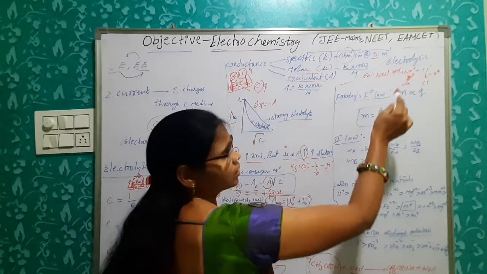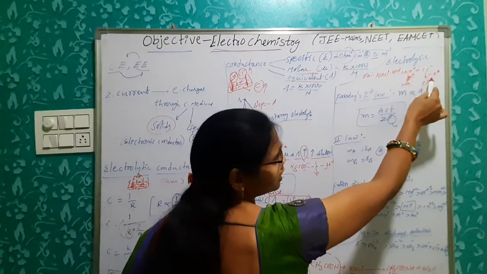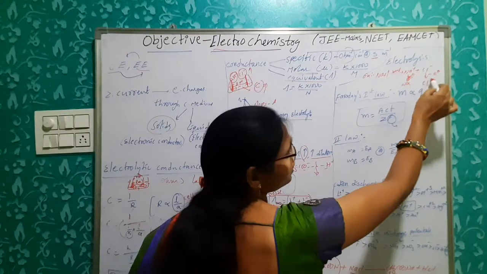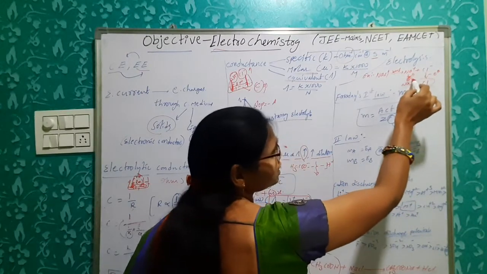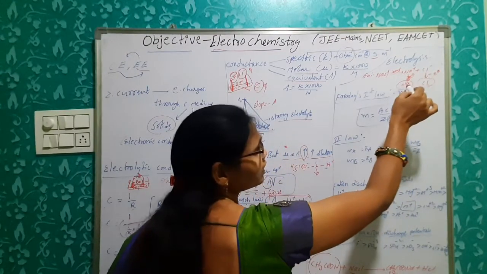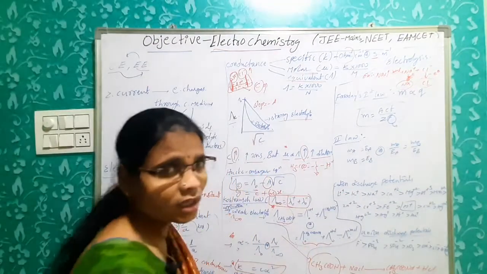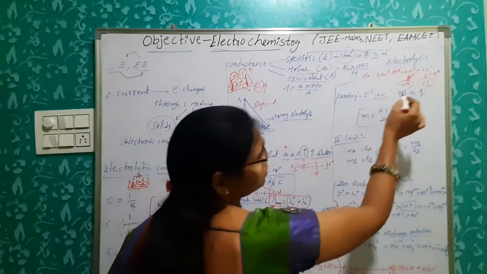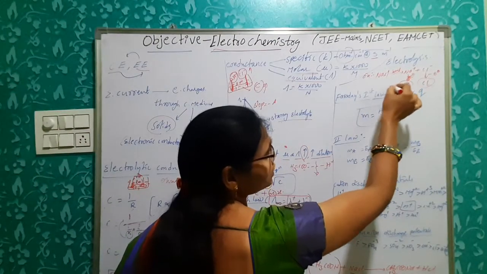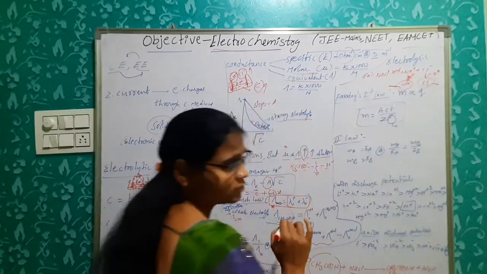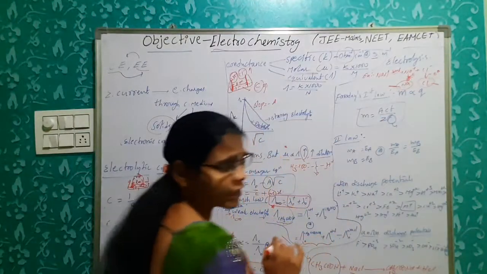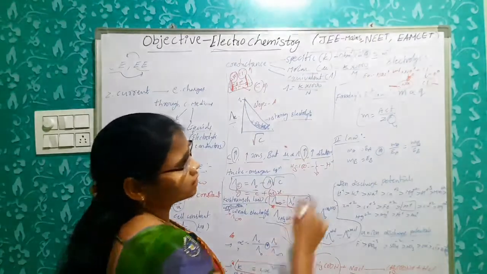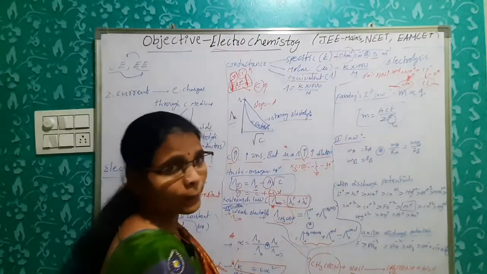At the anode oxidation takes place, loss of electron, and we get Cl2 gas. At the cathode reduction takes place, addition of electron, and we get sodium. How much of this sodium or chlorine is deposited or liberated at the respective electrode is explained in Faraday's laws.